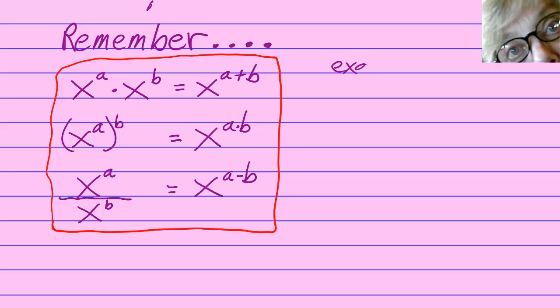So let's talk about some examples of each of these. X cubed times x squared is x to the 3 plus 2, which is x to the 5th power.